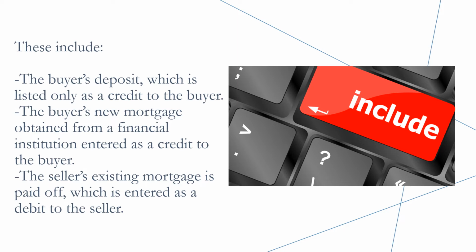The buyer's new mortgage obtained from a financial institution is entered as a credit to the buyer with nothing on the seller side. The seller's existing mortgage being paid off is entered as a debit to the seller with no entry on the buyer side.